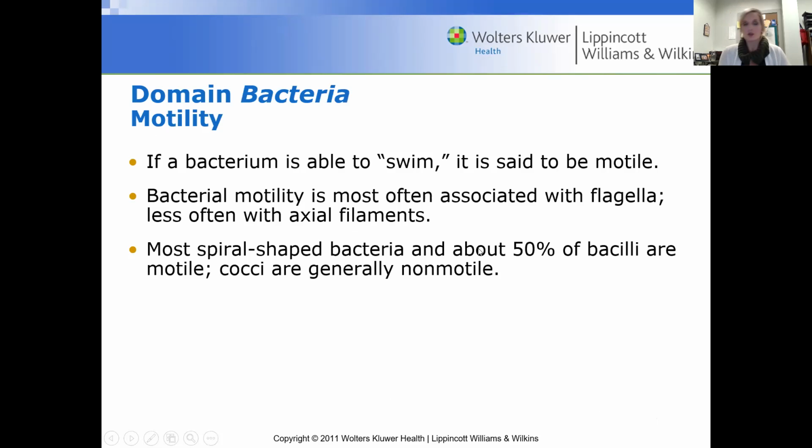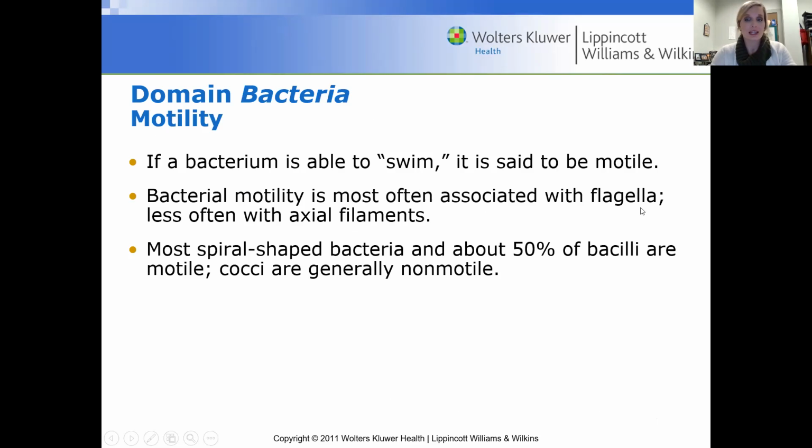Okay, so as I mentioned before, when I showed you that picture of the rod-shaped bacteria that had a little tail on it, that's going to give your bacteria what's called its motility. Motility means its ability to swim, its ability to move. If something is motile, it's said to be able to swim. It's typically associated with flagella.